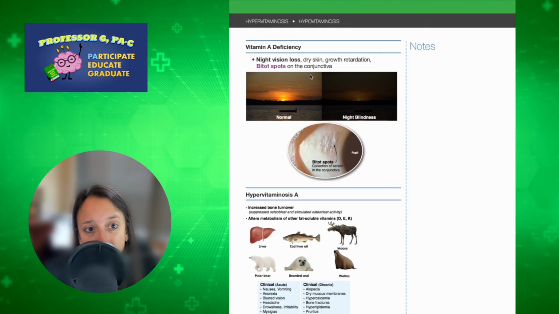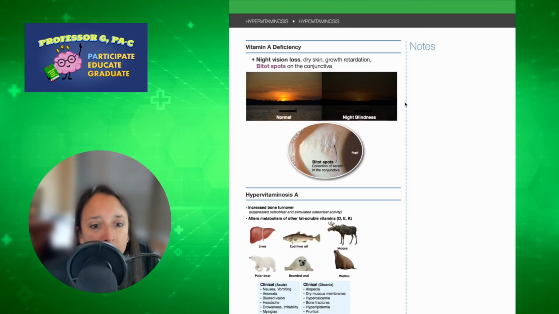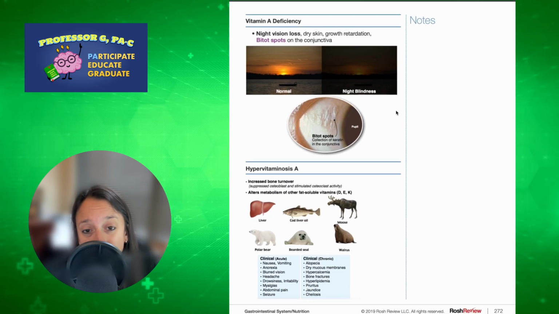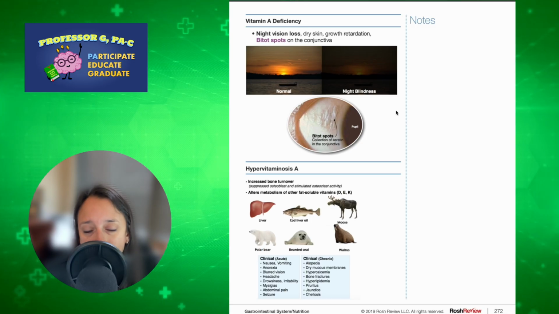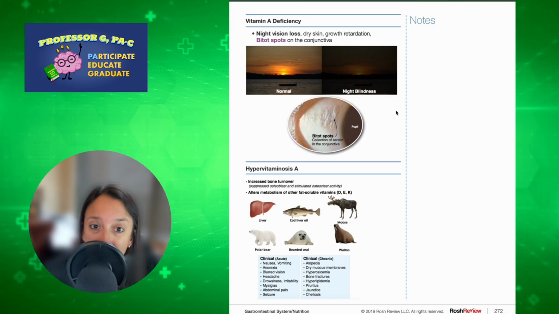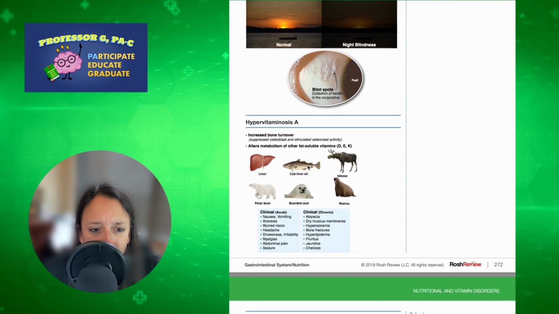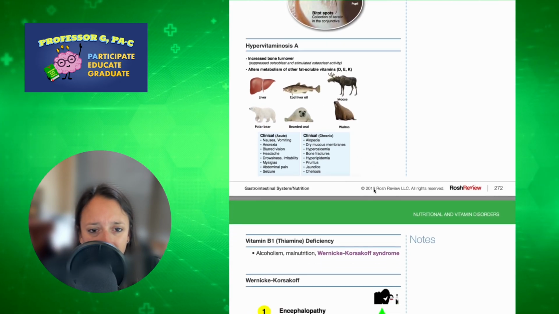If it's missing, we supplement it, so we give them vitamin A if they're missing vitamin A. The fat-soluble vitamins can build up in the fat, so we can get hypervitaminosis states from increased amounts of them, and we'll look for these things here.